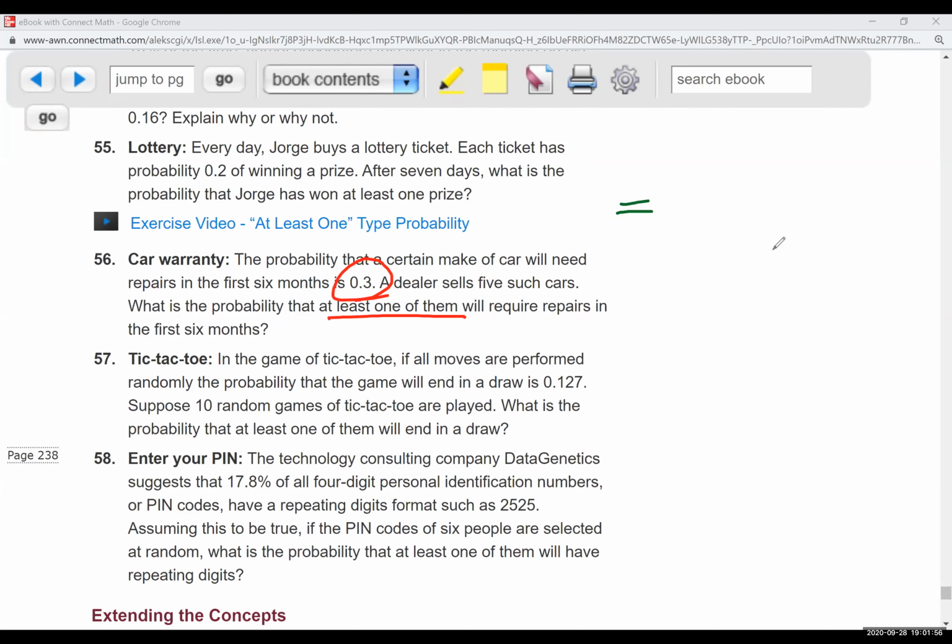I did 1 minus 0.3, and then I got 0.7, and then I did it to the 5th power, and then I subtracted it from 1. So the answer is 0.8319.